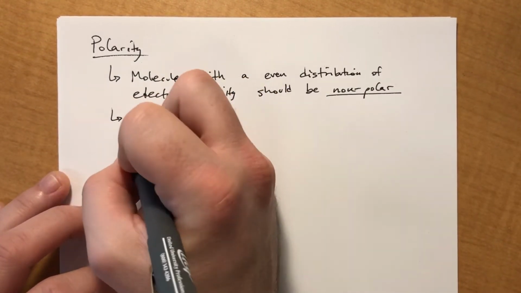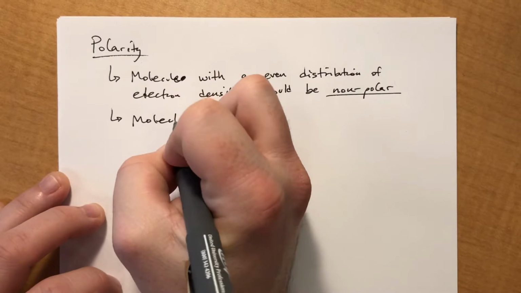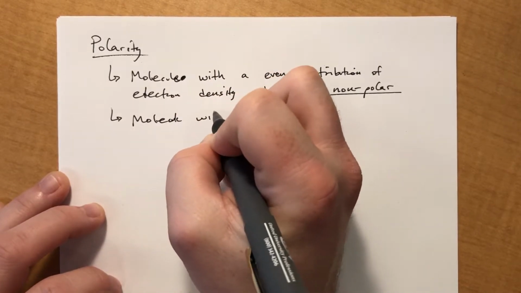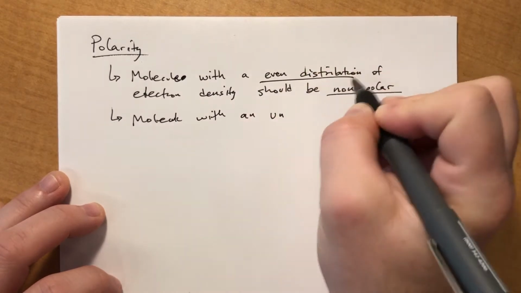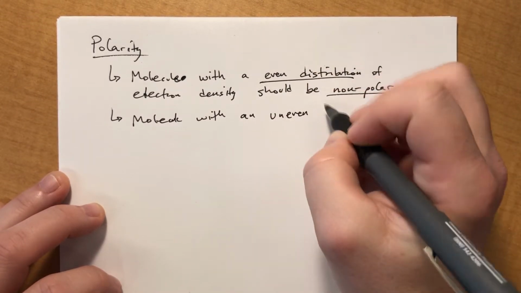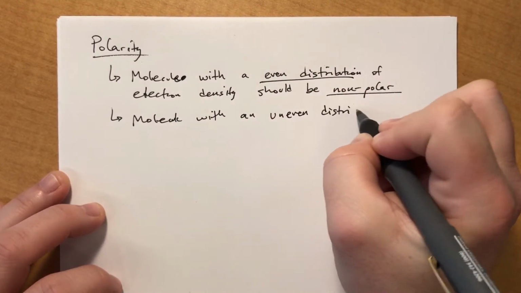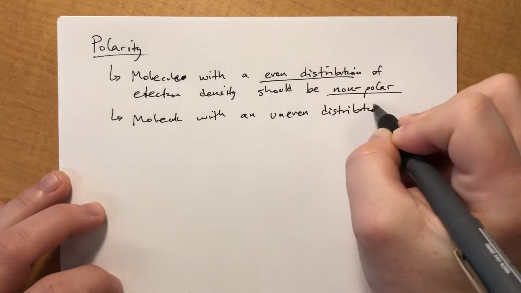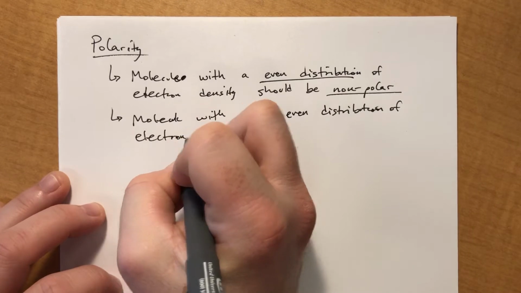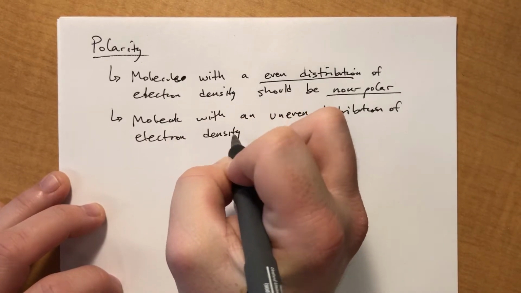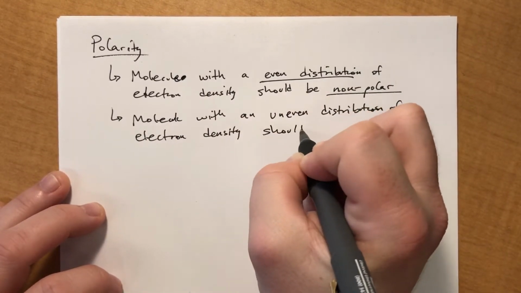A molecule with an uneven distribution of electron density should be polar.